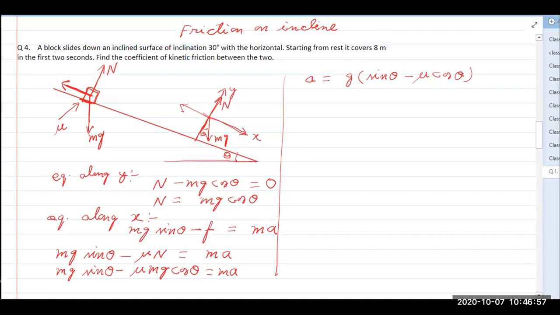One more thing to notice here: if mu cos theta is greater, the maximum friction force becomes larger in magnitude, and in that case the object will not slide. So this acceleration applies only when sin theta is greater than mu cos theta. Sorry, I had written just the opposite, so I will correct it.